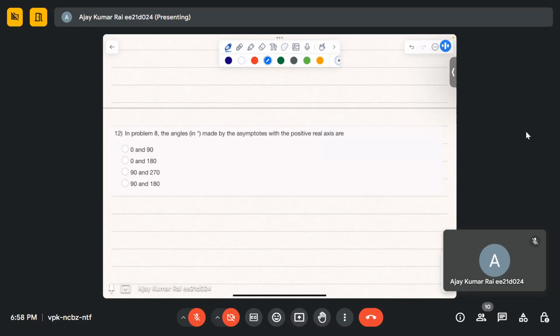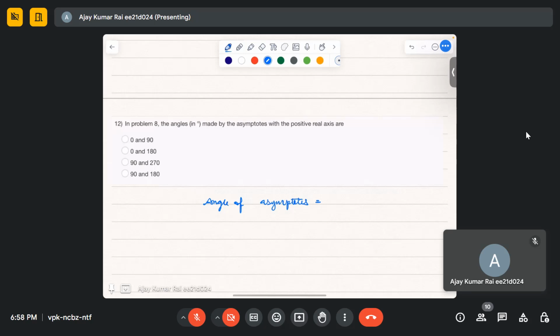If you go to problem 12, the angle made by the asymptotes with the positive real axis. So we have to find the angle of the asymptotes.